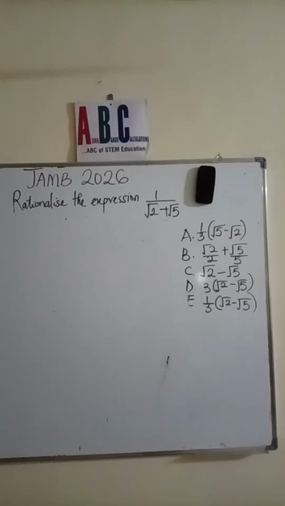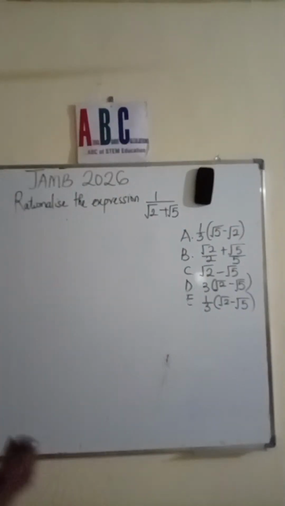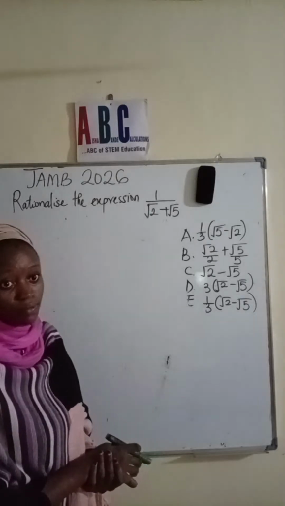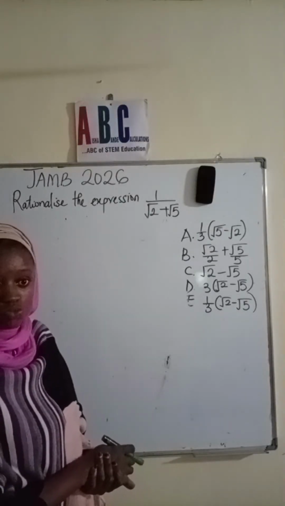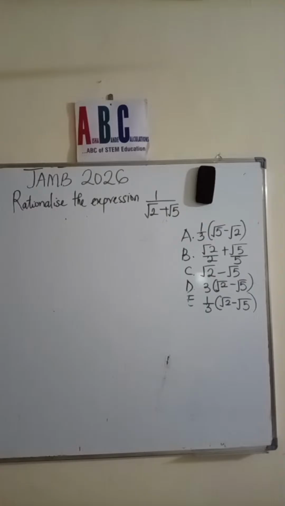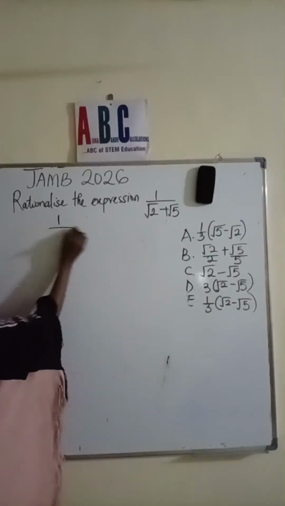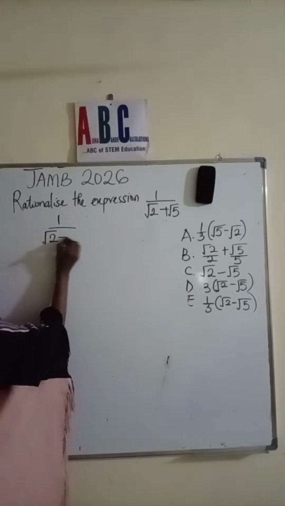All right. Okay, so let's start. Yes, 1 over root 2 plus root 5, right?